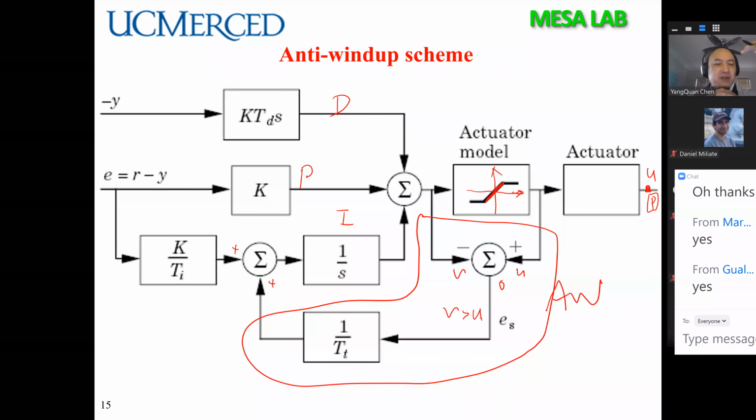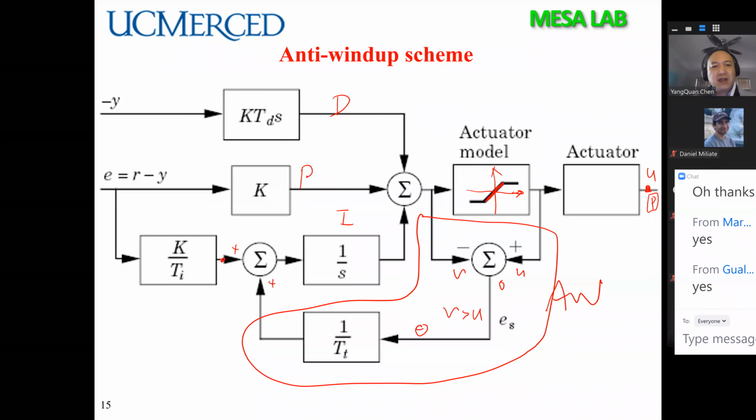U is clamped, V is bigger. So then this is negative, and it will remove from this signal. So if I get saturated, I'll use that information to pull off, to get out of the saturation as quickly as possible. So this is called the anti-windup mechanism.